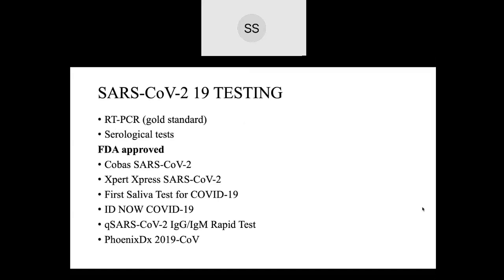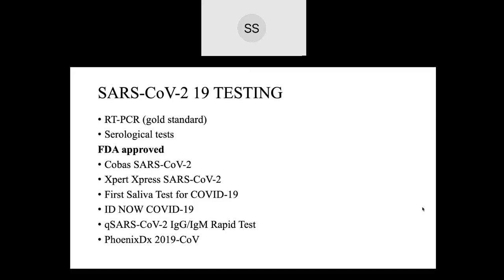Talking about the current testing methods, RT-PCR remains the gold standard, and in addition to RT-PCR, several serological tests have also been opted for, which are quick and rapid. However, they lack sensitivity. RT-PCR has a higher turnaround time, which is 2 to 3 days.